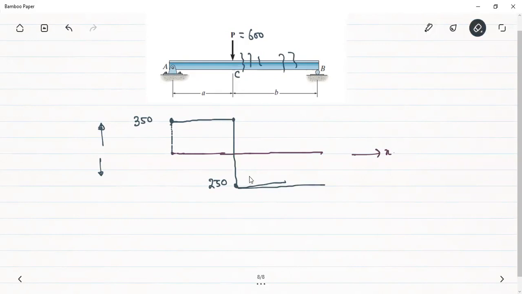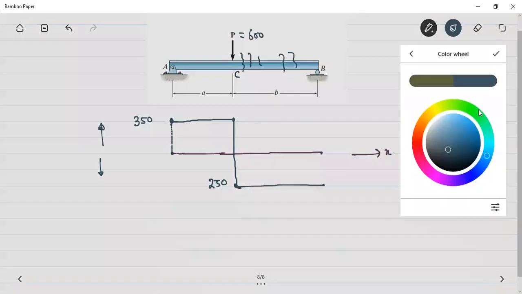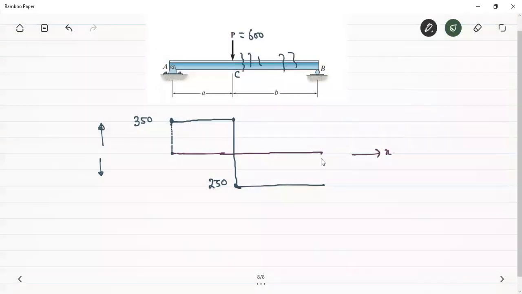What is acting here at B? At B, we have a reaction of 250. Therefore, we just close this diagram here. So this will be positive and this will be negative. Now the bending moment diagram.